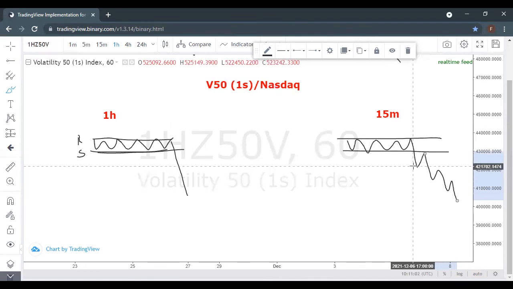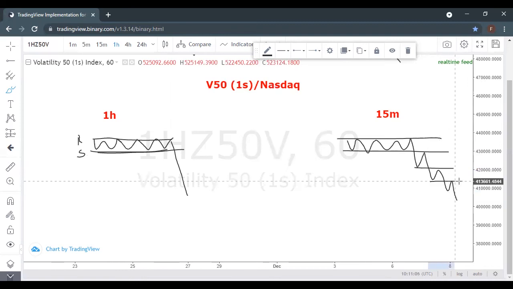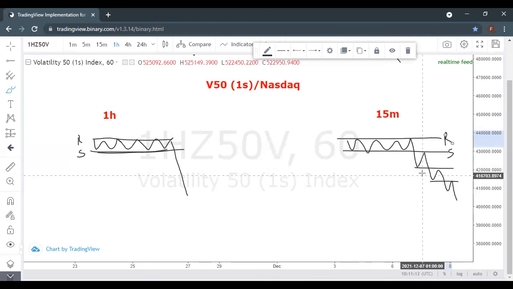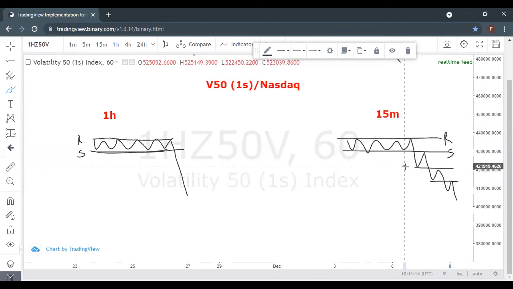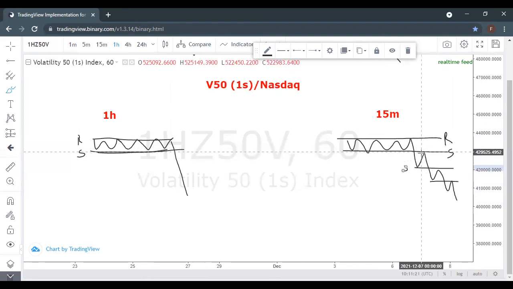Here it's making a series of highs and lows. This was our support, this was our resistance. And this level that has been acting as support is now acting as resistance.